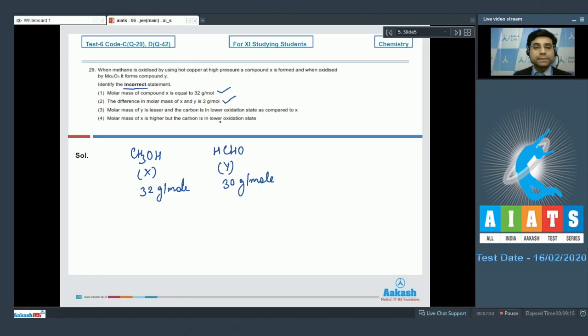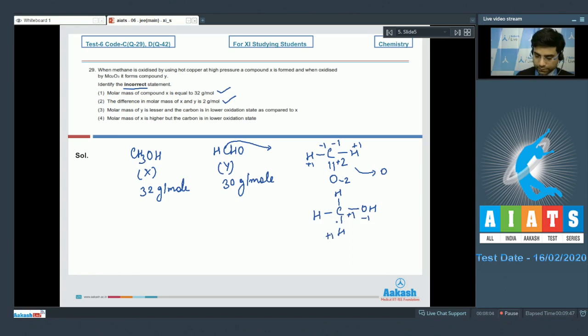Third statement says molar mass of Y is lesser and carbon is in lower oxidation state as compared to X. If I talk about oxidation state of this compound, this will be -2 +2, +1 -1, here also +1 -1. This will be 0. If I talk about methanol, the oxidation state will be -1 +1, +1 -1, +1 -1, +1 and -1. So oxidation state is -2.